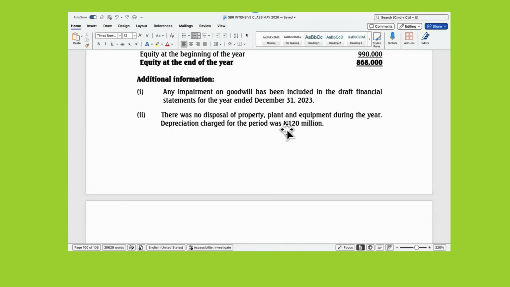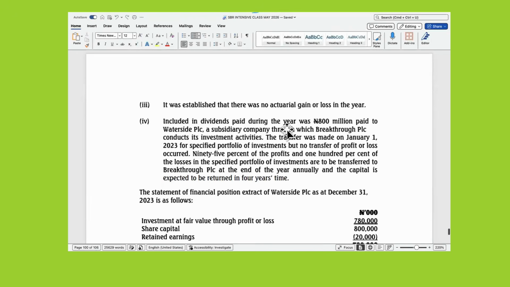So they said they did not sell any PPE during the year, but they gave us depreciation of 120 million. And three, it was established that there was no actuarial gains or losses. So here we don't have any actuarial gains or losses.